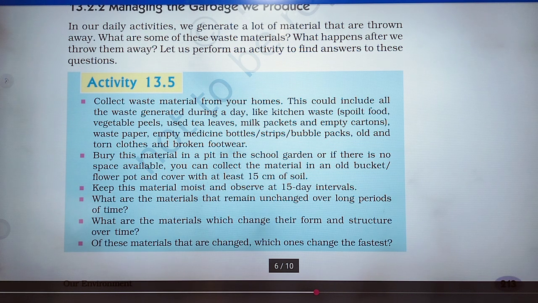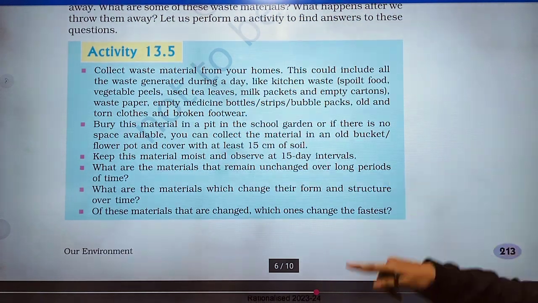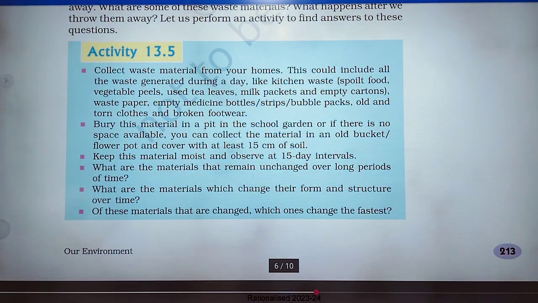The main point is that we have to put all these things under at least 15 centimeters of soil. For this we can use our school garden, or if there is no place, we can also use an old bucket or flower pot.